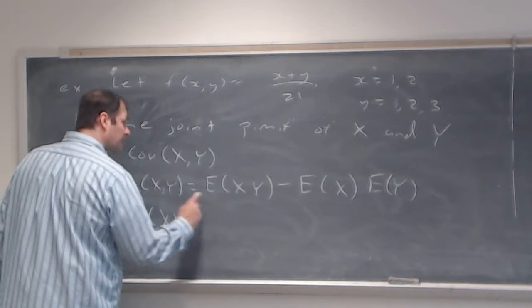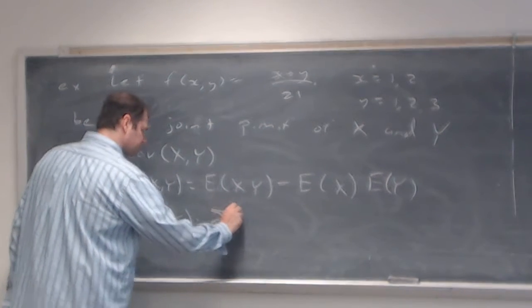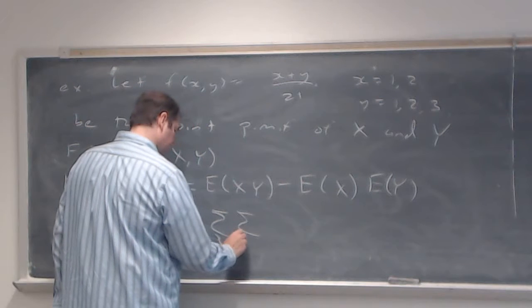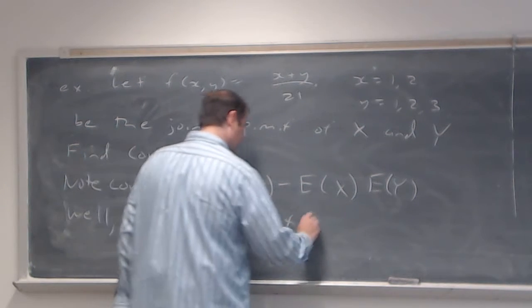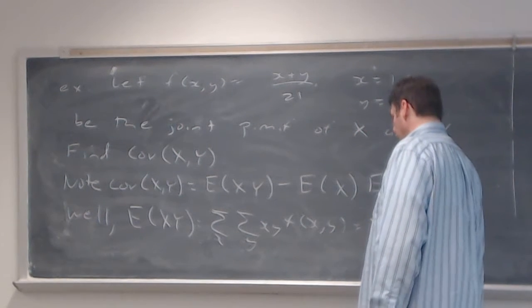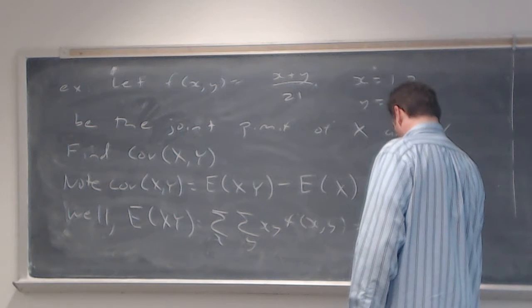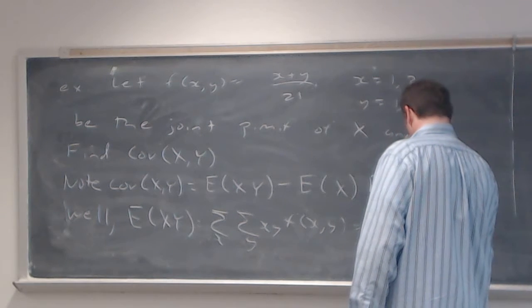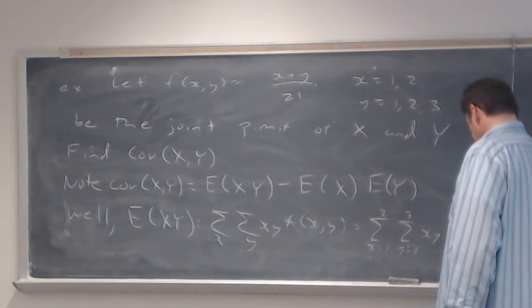Well, that's equal to, because we're talking about discrete variables, the sum over x, y of x times y, f of x comma y. But this f of x comma y is 0, except when x runs from 1 to 2, and y runs from 1 to 3. This is x times y, and then this will be x plus y over 21.